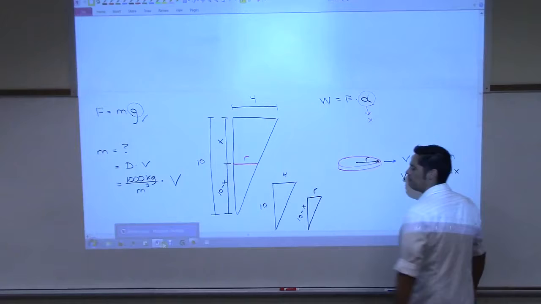Now, what is force? Force comes from one of Newton's laws of motion: mass times acceleration. If you have an object, it has mass. And acceleration is the second derivative of position, isn't it? If you look at a position function, the first derivative is velocity, and the second derivative is acceleration. So if you know how the mass is accelerating, then the mass times that acceleration gives you your force.